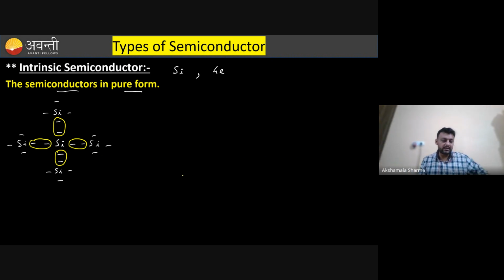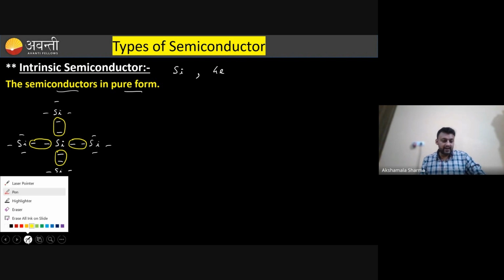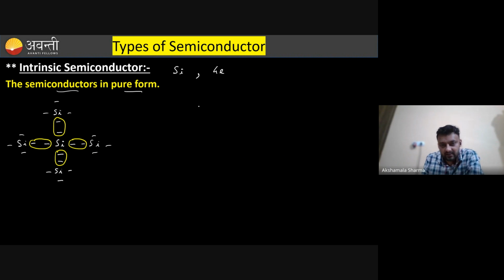Now, this covalent bond is formed. Now, what happens in the band form? If you can see, the band structure will look like there is some conduction band and there will be some valence band.